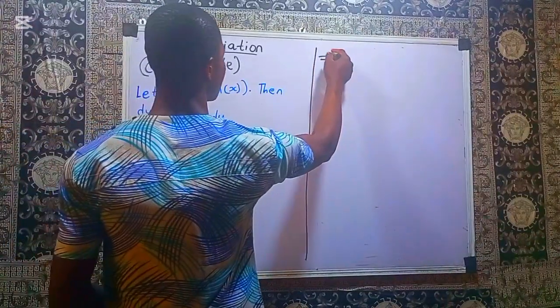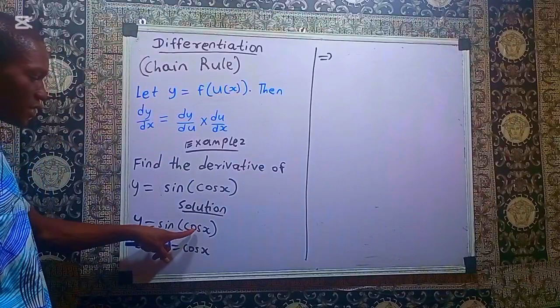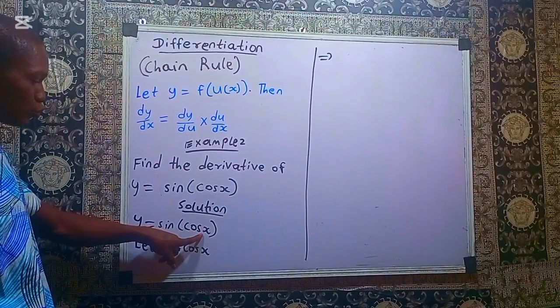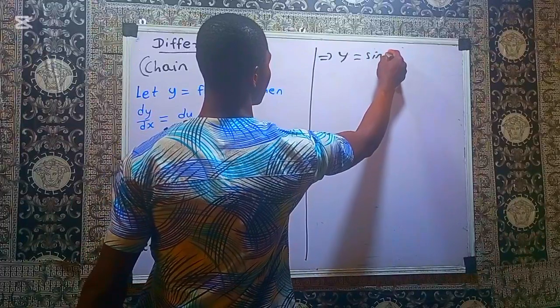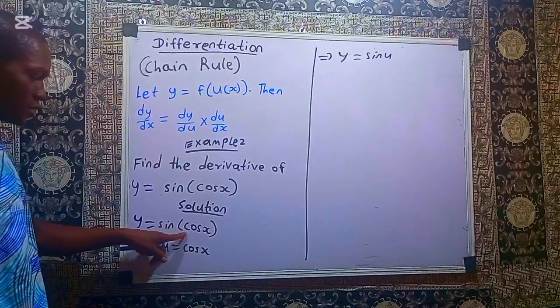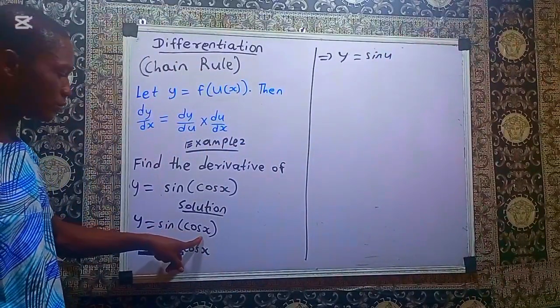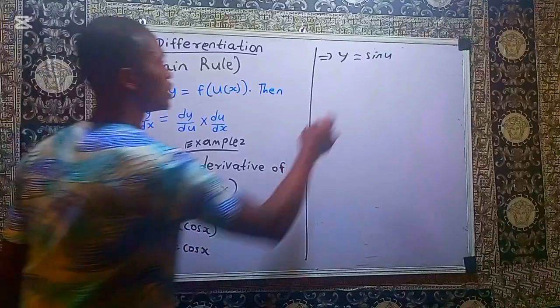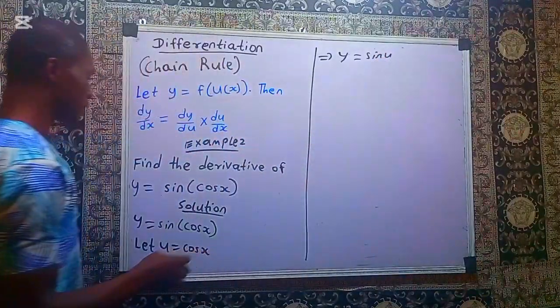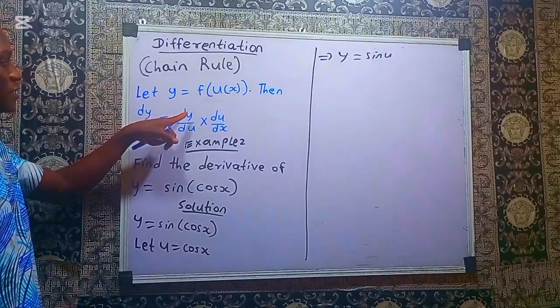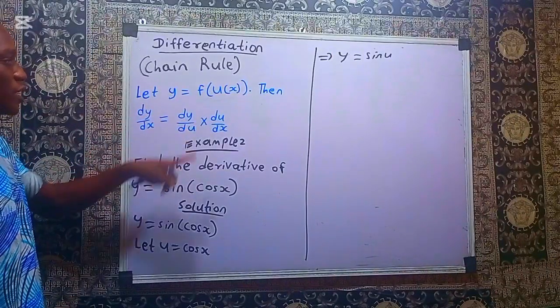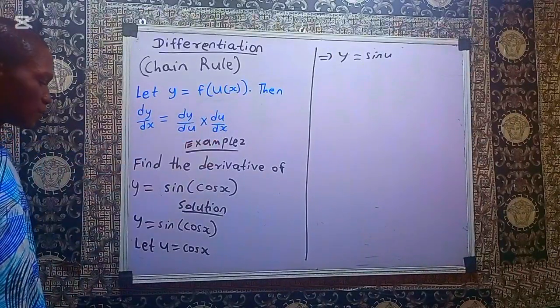Then this implies if u is cos x, that means the whole of this is u. So which means that y will be equal to sine u, because cos x is u. So if that be the case, then we can use this formula. We can find the derivative of y with respect to u and find the derivative of u with respect to x.